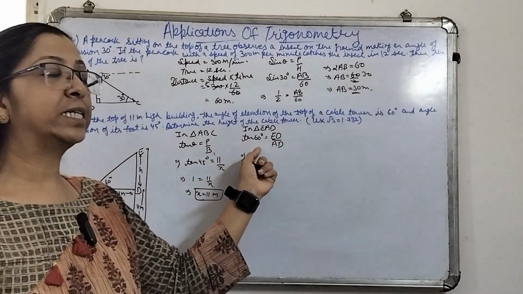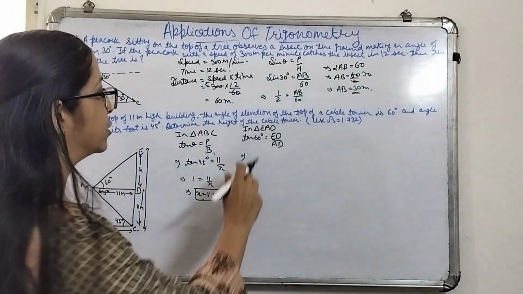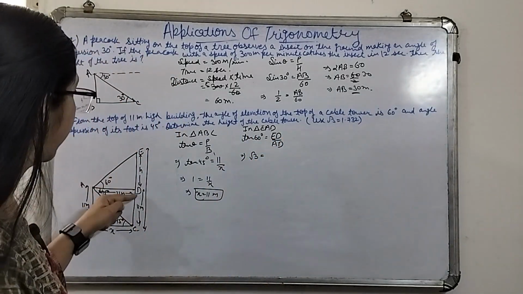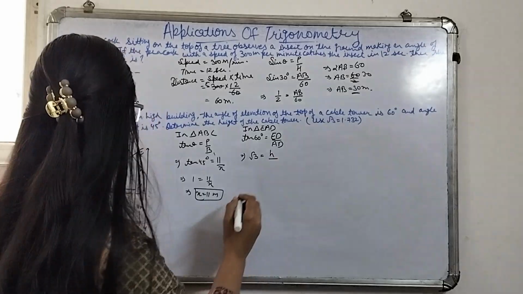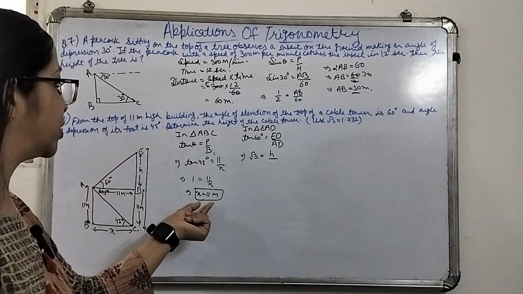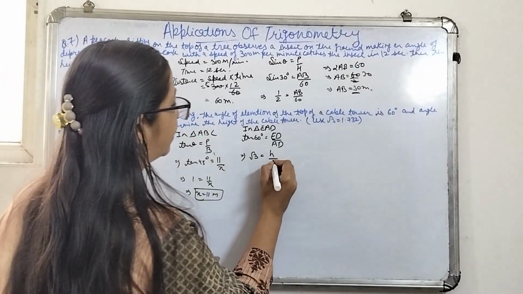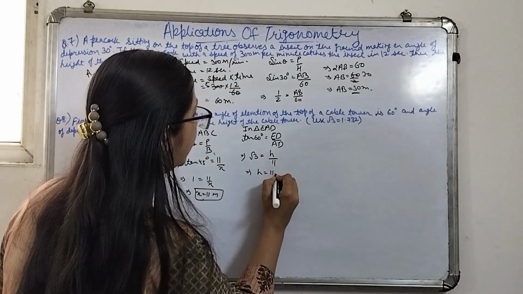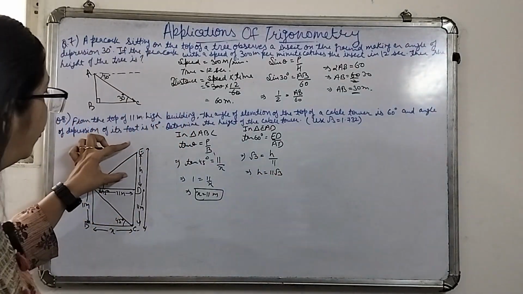We know the value of tan 60 degree is √3. So we keep the value: √3 is equivalent to ED, which we have assumed to be H, over AD, which is 11 meter. Just now we have found its value, so we keep it as 11. So the value of H will be 11√3. This is the value of H.